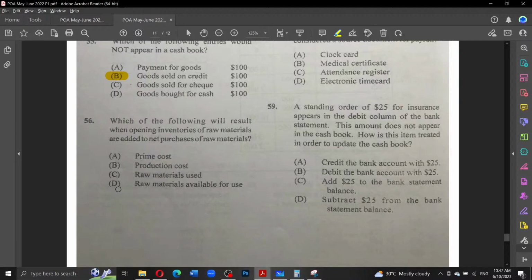When you minus the closing inventory, the answer you have from that will be cost of raw material consumed. But in this case, it's cost of raw material available for use. Prime cost, you have to add the wages. Production cost, you have to add the necessary overheads and do the calculation for it.